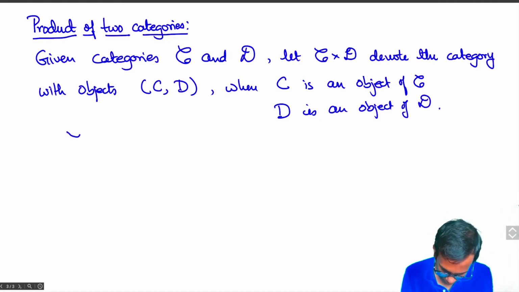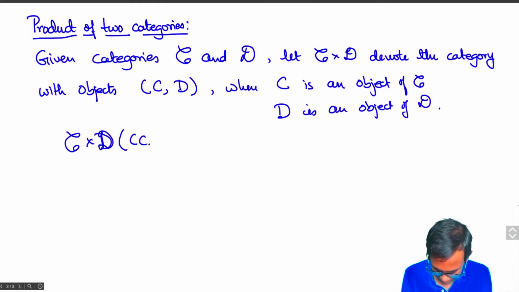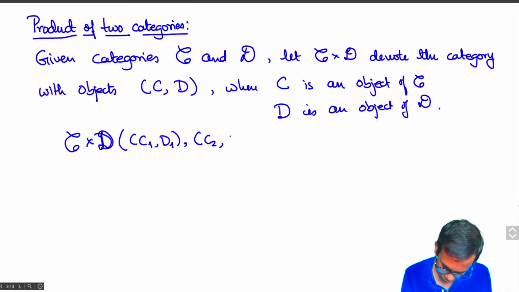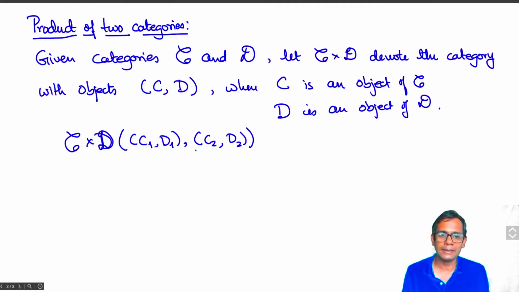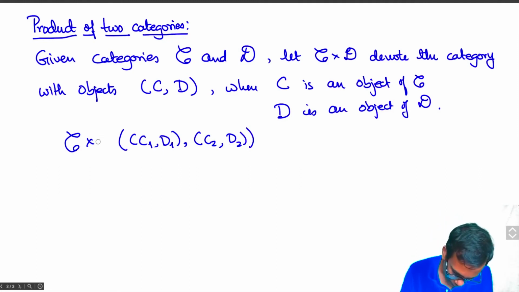So in the category C cross D, let's take two objects. Let's say (C1, D1), and let's take another object (C2, D2). So here C1 and C2 are objects in the category C, and D1 and D2 are objects in the category D.